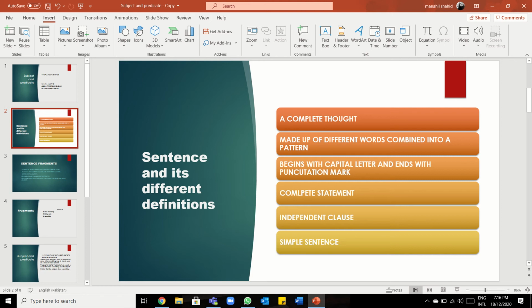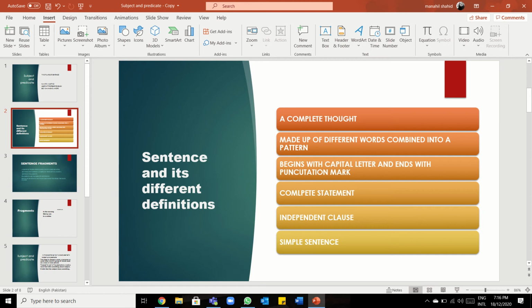Next one, and this is very important, it begins with a capital letter and ends with a punctuation mark, such as a mark of exclamation, full stop, colon, and so forth. These are also called a sentence.